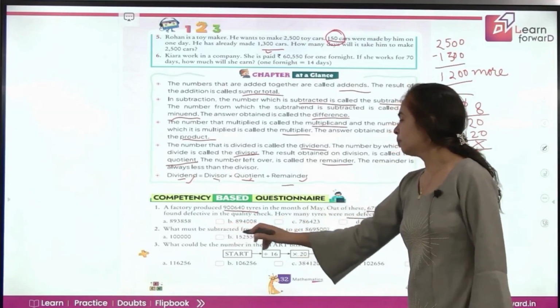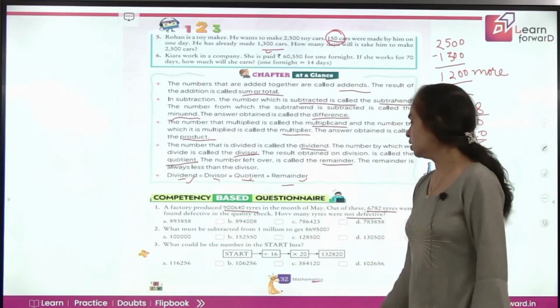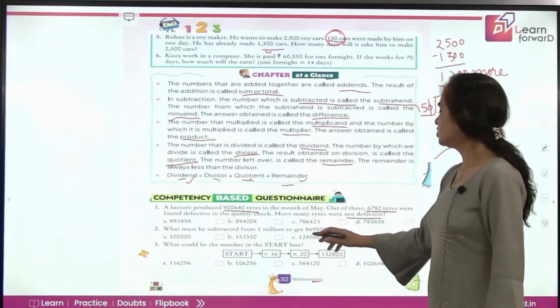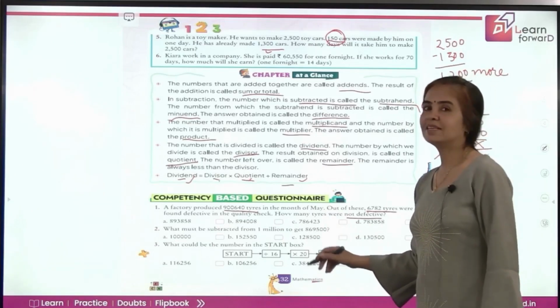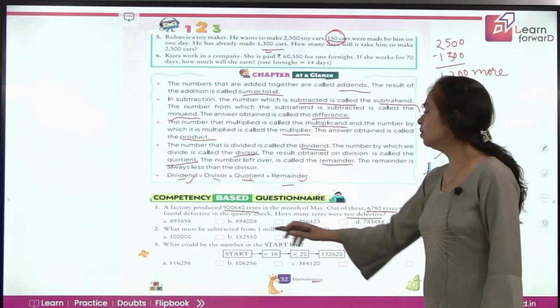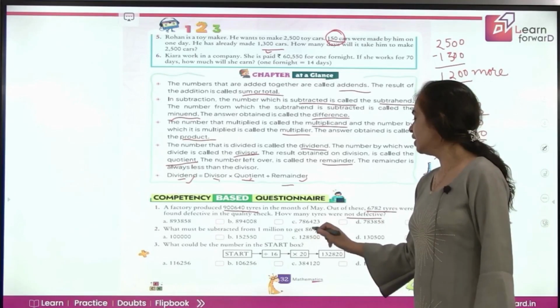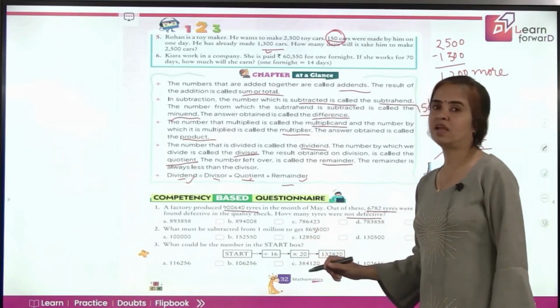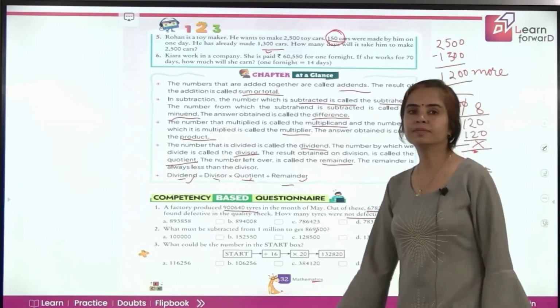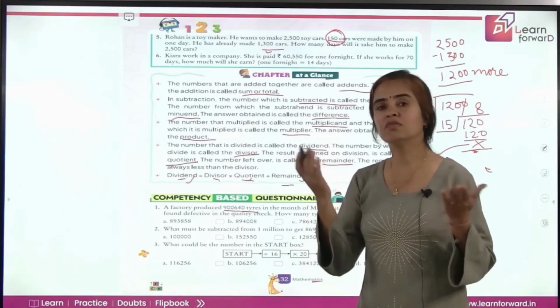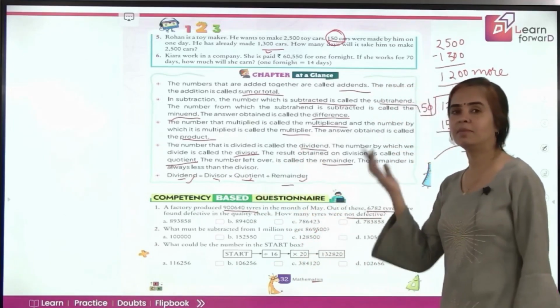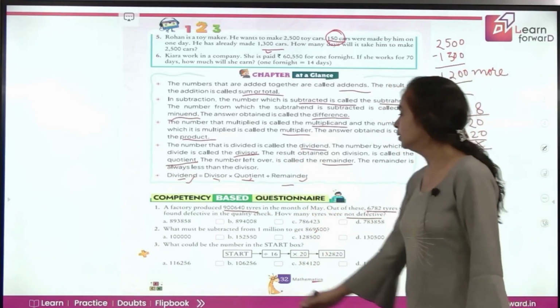What must be subtracted from 1 million to get 8,60,000? Sorry, this is international system. So from 1 million to get 869,500. So what will you do? Subtraction. Good. From 1 million, subtract this given number. Find out the answer yourselves.